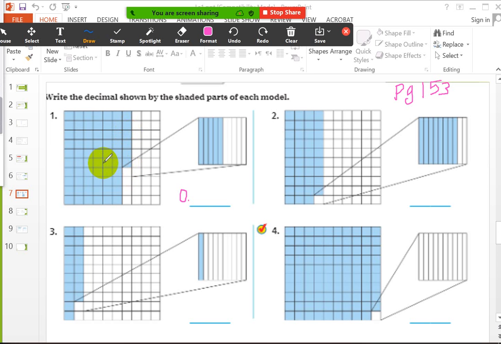Thank you, Larissa. 66 parts shaded on this whole. That means the decimal number will be what? Thank you, Larissa. It will be 0.66, sixty-six hundredths. But I have also this little square, also divided into 10 parts. And I told you, if you divide this part into 10 parts, the digit will be what?